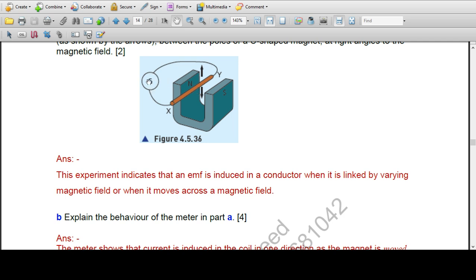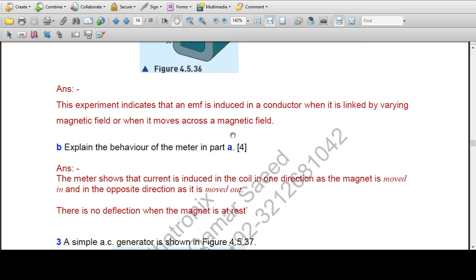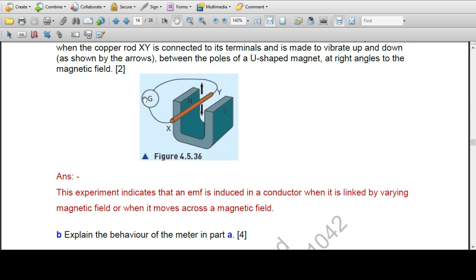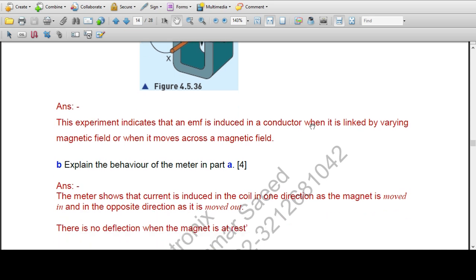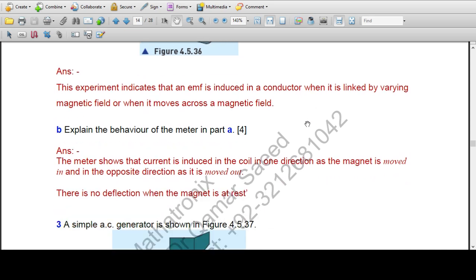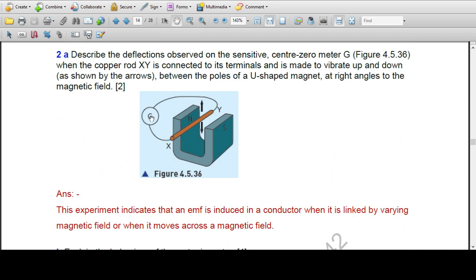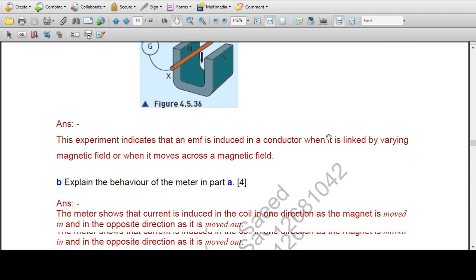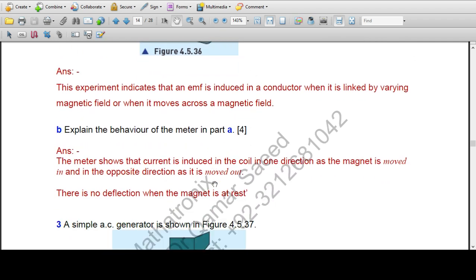Then no EMF will be induced. EMF is induced only with the relative motion, change of flux linkage, rate of change of flux. So this EMF is induced with the rate of change of flux.